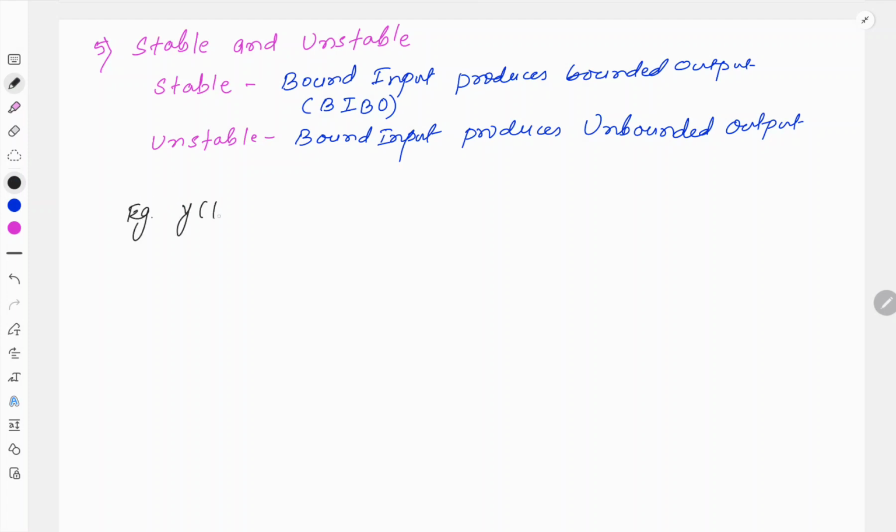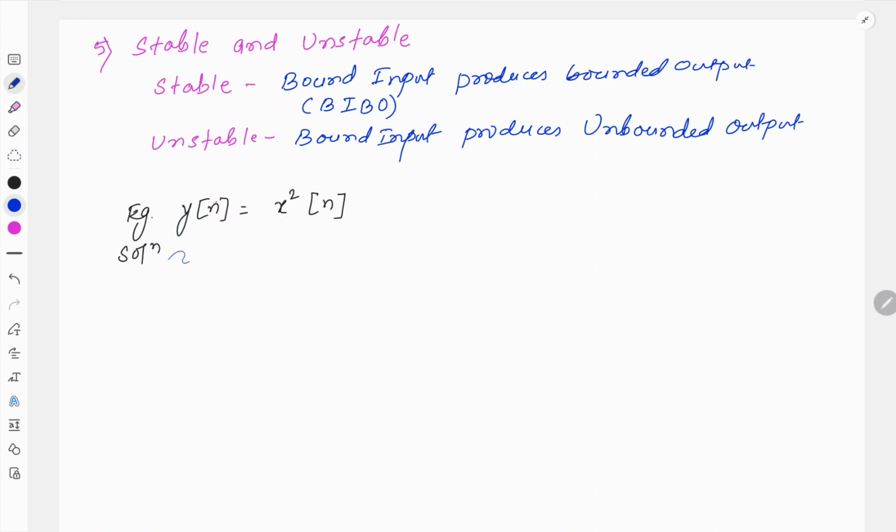So instead of taking a continuous time system, let us have an example of a discrete system. Let's say y of n equal to x square of n. So let us see whether this system is stable or unstable. Now here the definition goes as, if we apply x as finite, my y should be finite.